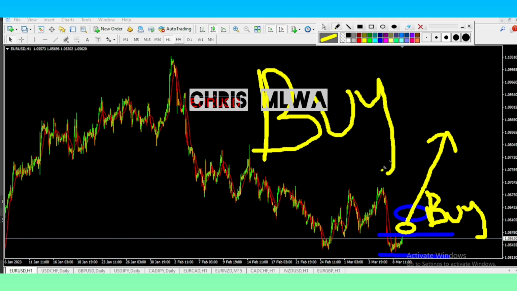Remember, we started with the daily time frame. We came to 4 hours, and then we determined our entry using the hourly chart, or 1 hour time frame. The trade we are making here is a buy position after the breakout.